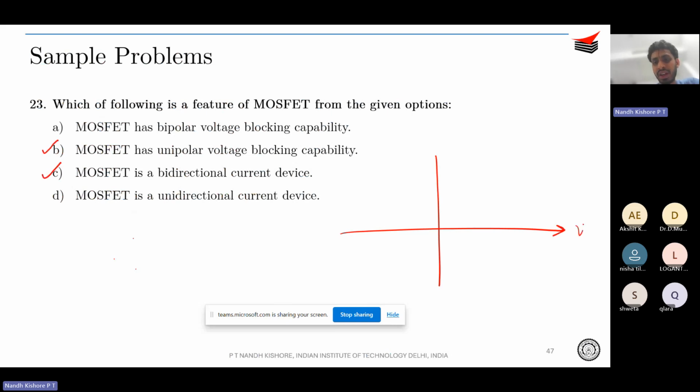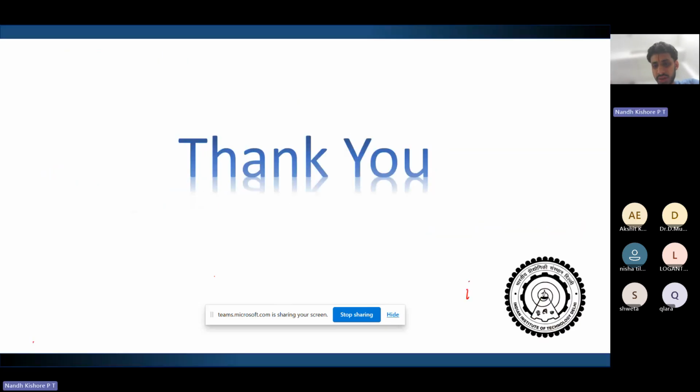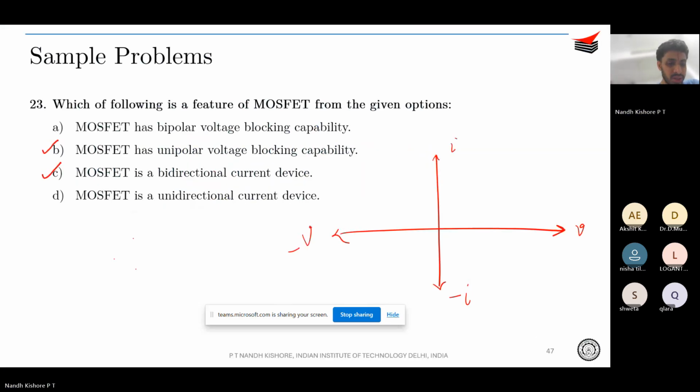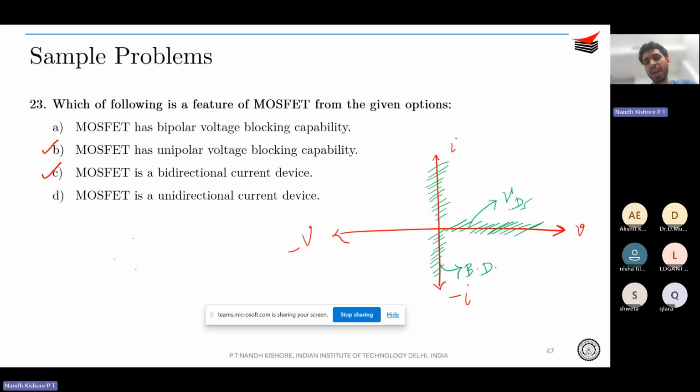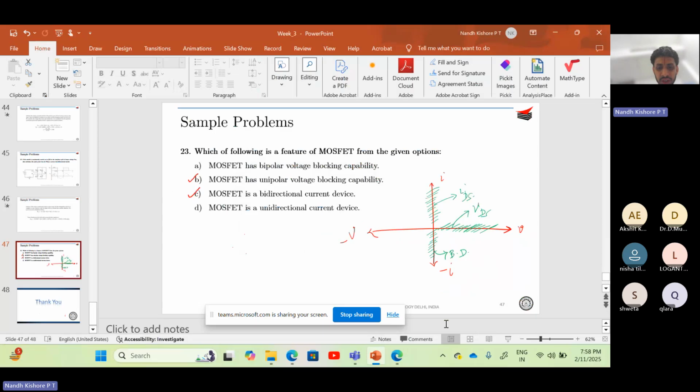Because the MOSFET has positive voltage blocking, positive current conduction from drain to source, and negative current conduction from source to drain due to the body diode. It can block VDS and it can conduct IDS. This is a very simple question, but I just missed it.